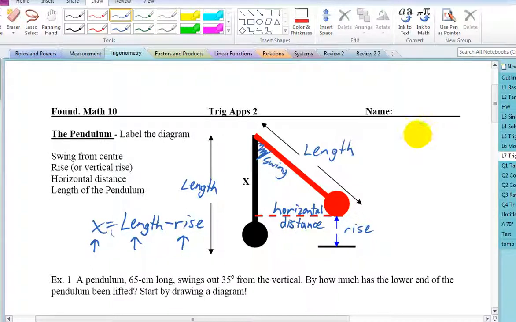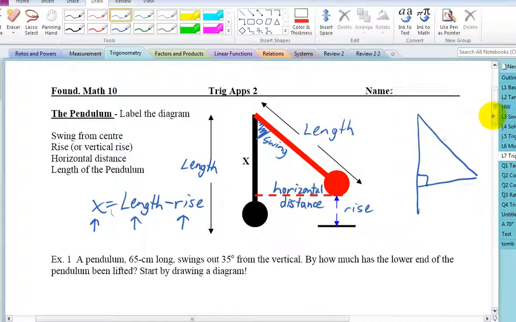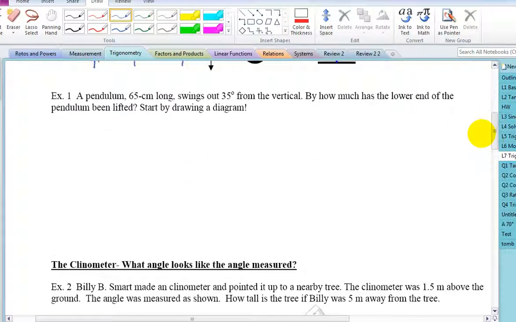What it really is it's just a very simple right triangle that you draw. That's all you need to do. Just draw a simple triangle, label your parts. So, please do that now. Draw a simple diagram and label the parts that are important. Okay.